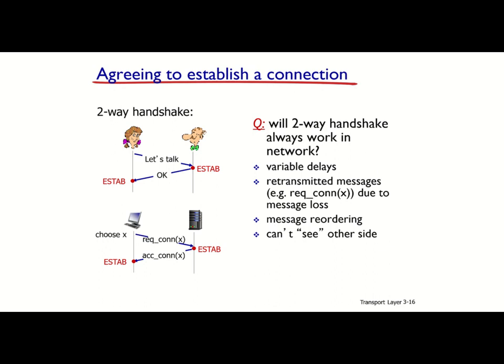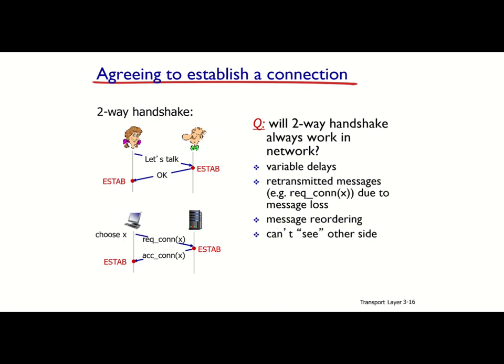In order to agree to establish a connection, two parties may have a two-way handshake. In the first step, one party requests a connection with certain parameters like X, and then the other party simply accepts the connection, and after they accept the connection, they both consider the connection as established.